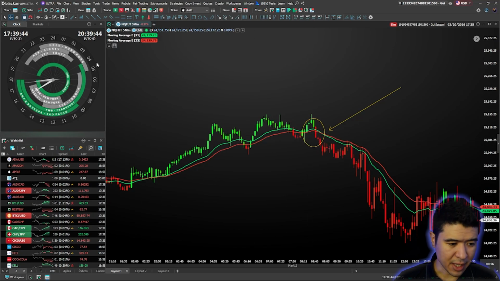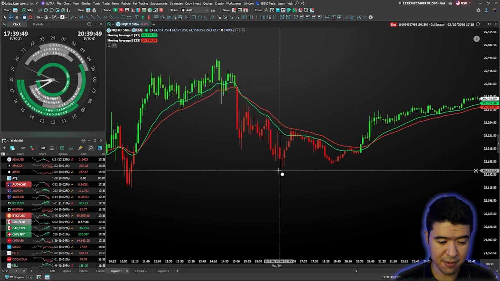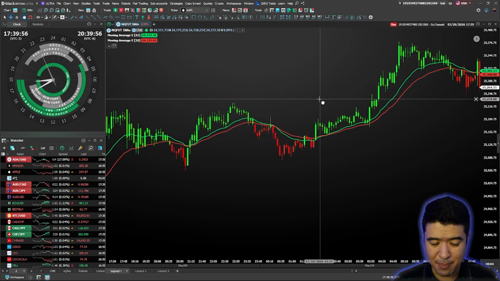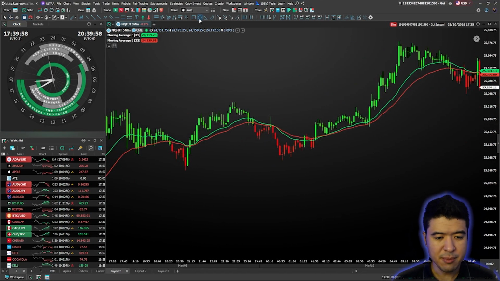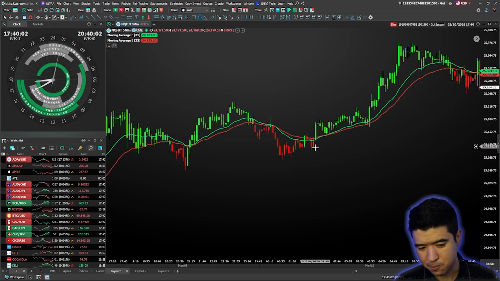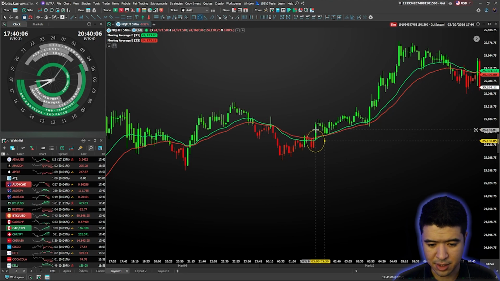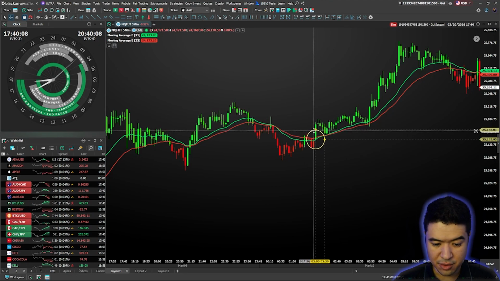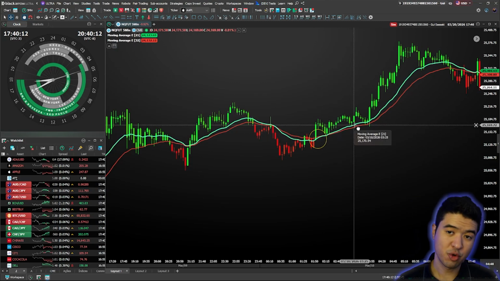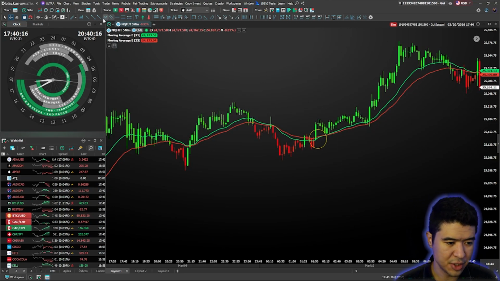But if you go back a couple of days and try this, and by the way, I'm using the 5-minute time frame in this example, you can see that this happens all the time, pretty much every day. So here, another example. So the market is going up and down, and there it is. So the candles became green. The 21 moving average is crossing, so it's now above the 32 moving average.